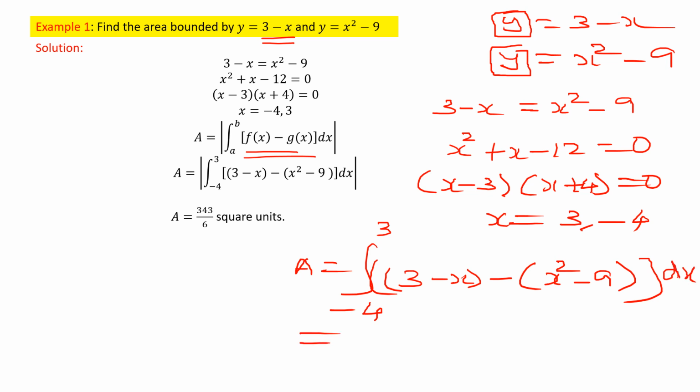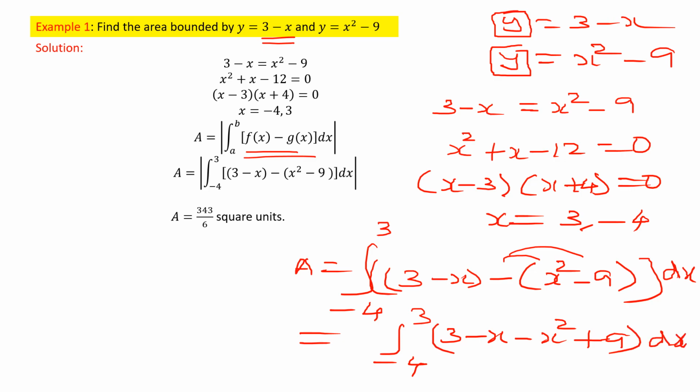Okay, so this will be integral minus 4 to 3, 3 minus x. By distributing minus over here, we will get minus x power 2 plus 9 times dx. Or I can say integral minus 4 to 3 of minus x power 2 minus x plus 12 into dx.